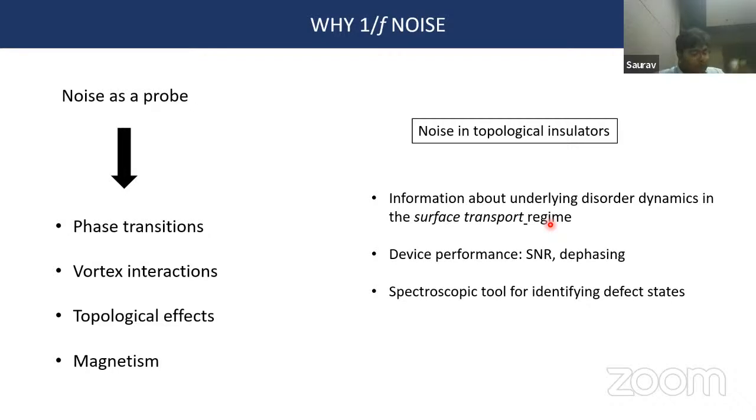So we must also remember in this context that many of the materials that I'm talking about here, whether it's graphene or topological insulators, have an unconventional band structure, and the devices they're being used in are also kind of new.